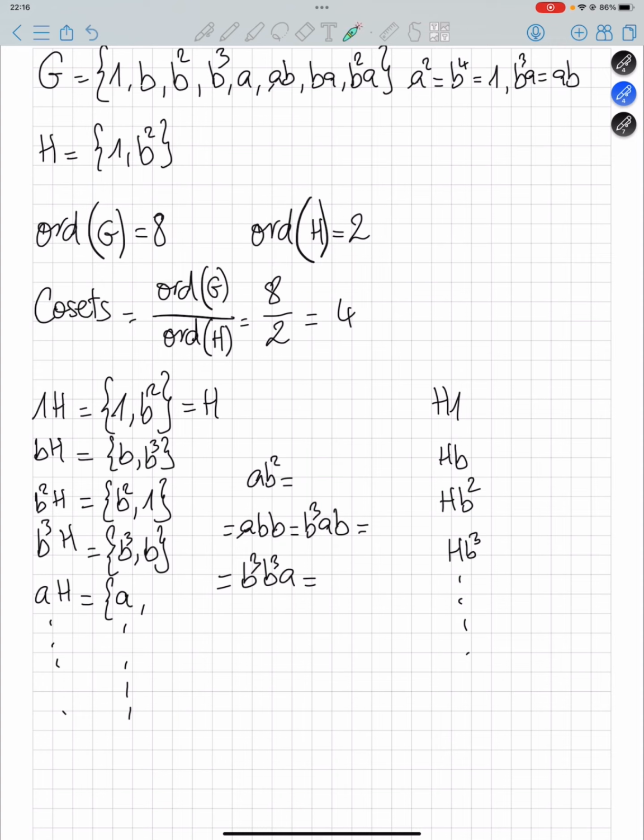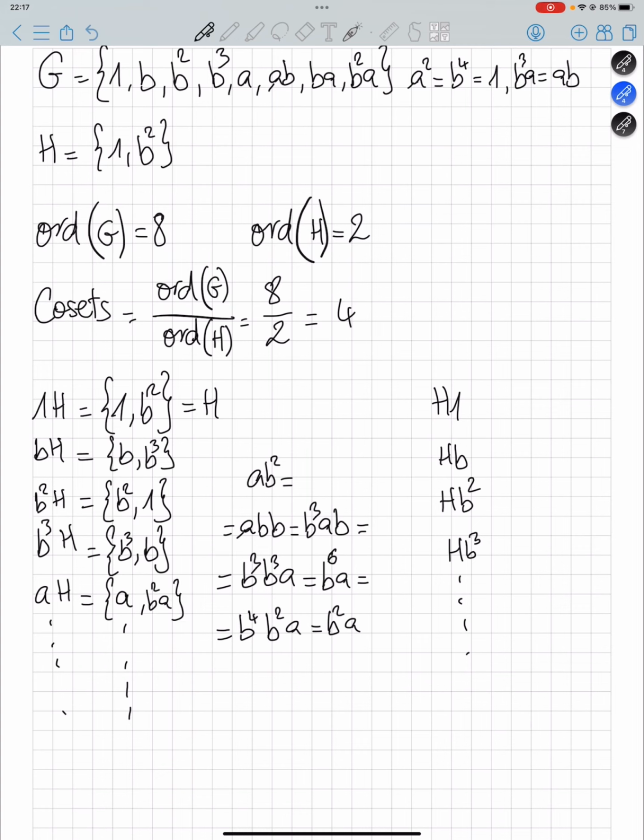So this basically is B6 A, which is B4 B2 A, and B4 is identity, so basically this is B square A. So this AB square is the same as B square A, and B square A is an element of the group, so here we would write B square A.